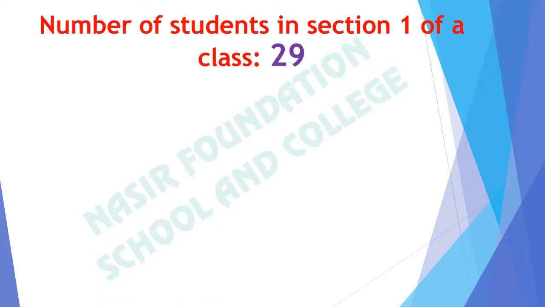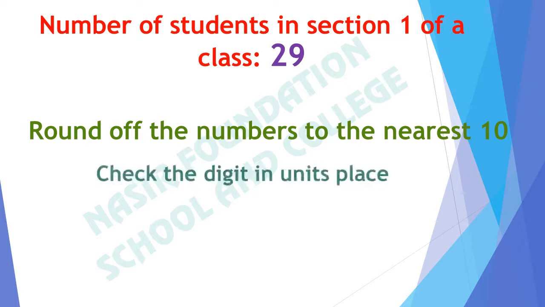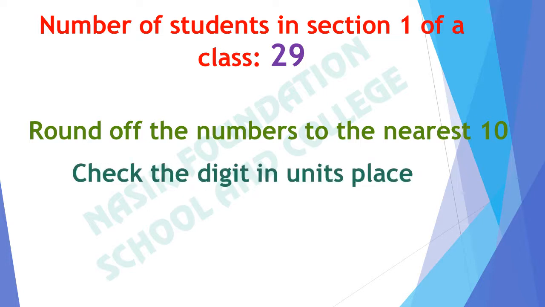Number of students in section 1 of a class is 29. We will round off this number to the nearest 10. To round off the number to the nearest 10, we will check the digit in units place. And the digit in units place is 9. Now we will compare it with 5.